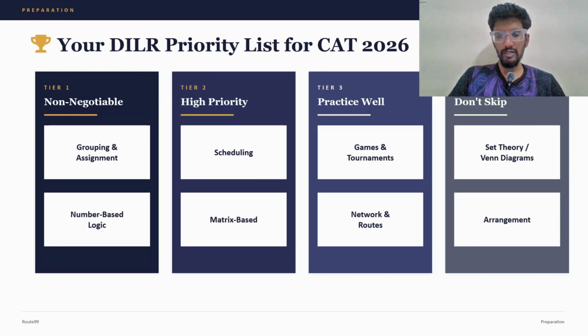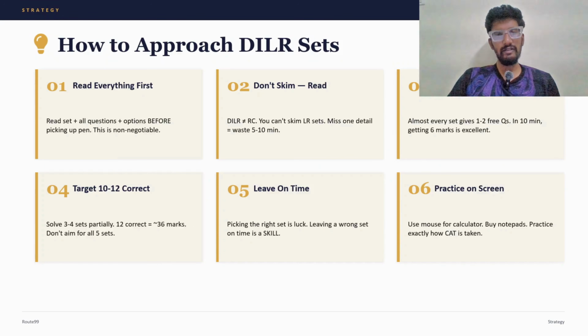Go through all past year questions so that you will get an idea about it. Number 3, practice games and tournaments as well as network and routes questions. Number 4, I would say don't skip set theory and Venn diagrams, right? Put the most amount of energy and time in solving these. That's how you should allocate your time when it comes to the CAT exam.